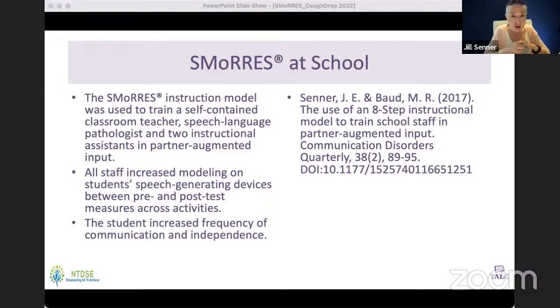But what we found when we used the S'mores instructional model to train a classroom teacher, a speech language pathologist, and 2 instructional assistants was that all staff increased modeling on the student's speech generating device, measured across activities. And we saw that the student increased his frequency of communication, measured by utterances per minute, and also his independence or initiation. He was less of a respondent and more of an initiator.